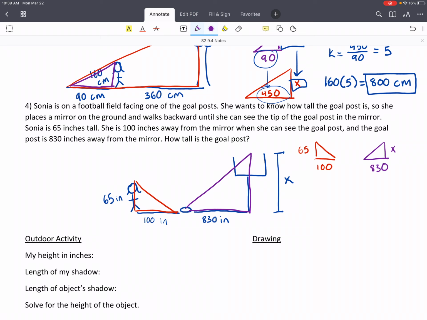And so the sides that go together, 100 is going to go to 830. So 100 times the scale factor gets me 830. So I divide it by 100, and I get 8.3.